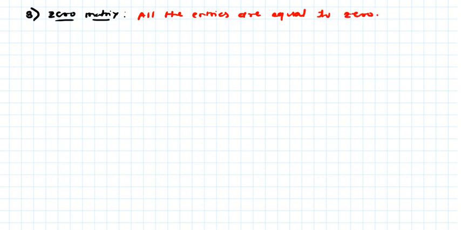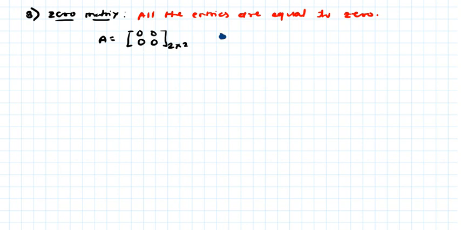That will be called the zero matrix. For example, take this matrix A with entries 0, 0, 0, 0, whose order is 2 by 2, containing 2 rows and 2 columns. All the entries are equal to 0. That is why it is a zero matrix.